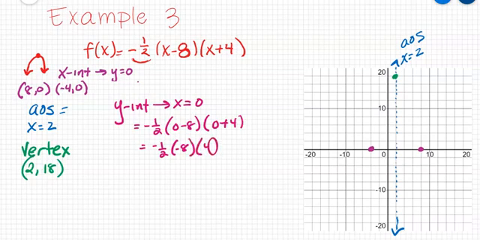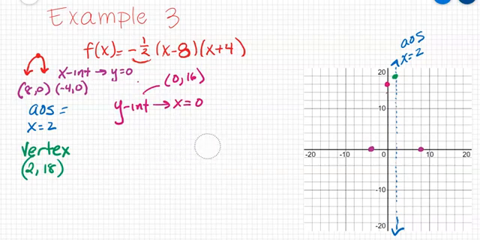Negative 1/2 times negative 8 gives me a positive 4, and 4 times 4 is 16. So my y-intercept is 0, 16. And we'll plot that, 10, 12, 14, 16.